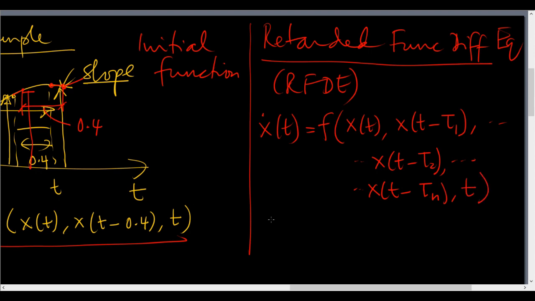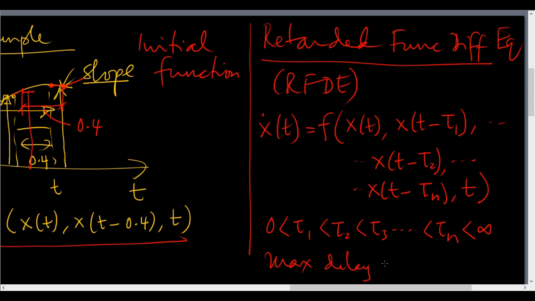Okay, so there are delays. Tau 1 is less than tau 2 is less than tau 3 is less than tau n, and we will assume that the delay is finite. Okay, so in this case the maximum delay is tau n, and the initial function must be given on an interval of length tau n. Okay, and once we know this initial function, then in principle we can integrate forward using some numerical method of our choice. All right.